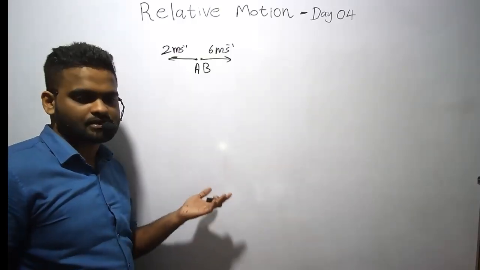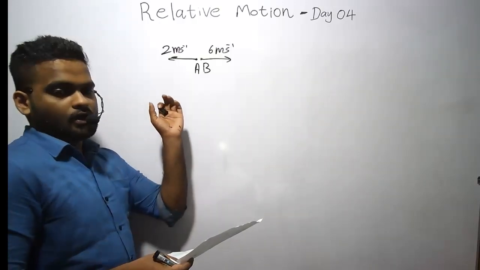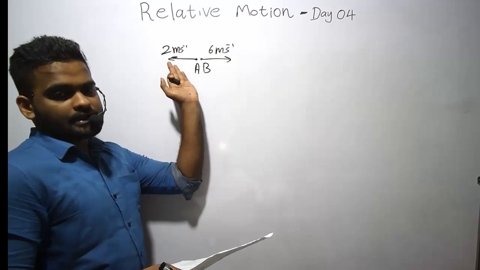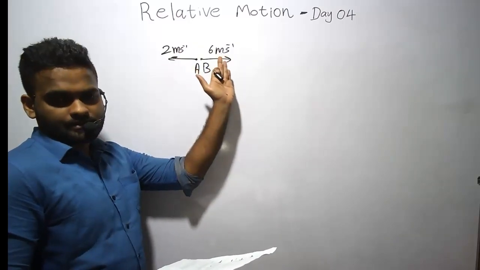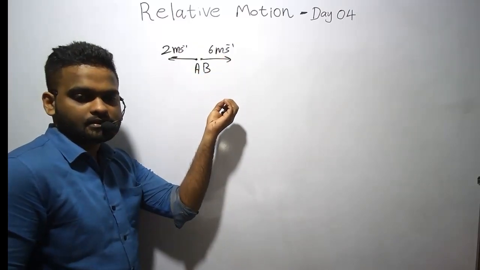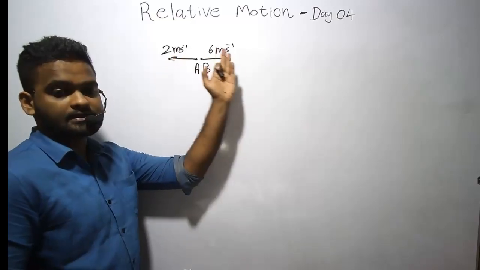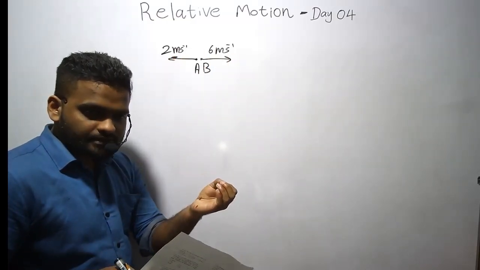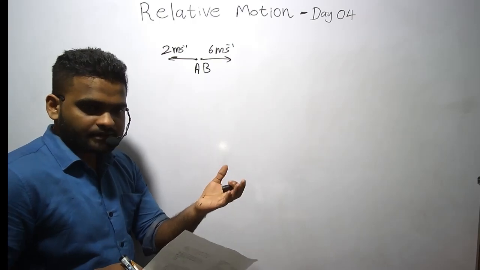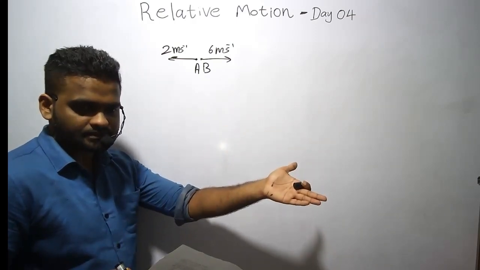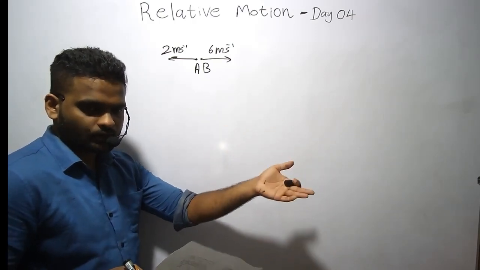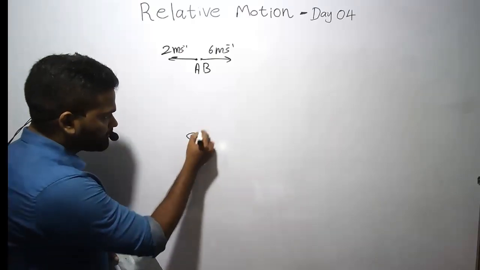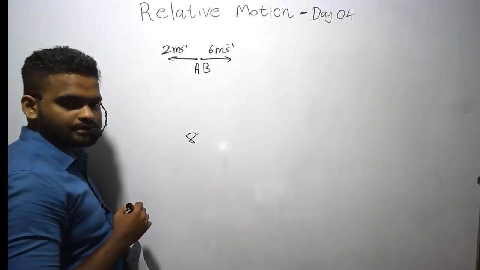So these are easy questions. First thing is you need to think about the relative velocity between these. What's the relative velocity? 2 and 6 move in opposite directions, so relative velocity is 2 plus 6, which is 8. Okay, you found the relative velocity.